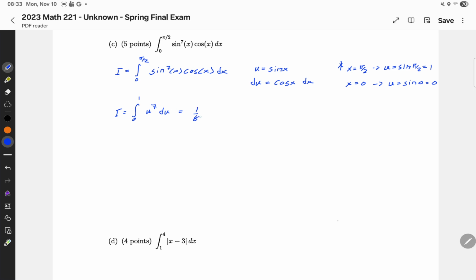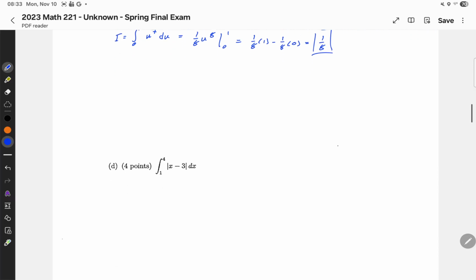The reciprocal of that is 1/8, u to the 8th from 0 to 1, right? And this is going to be pretty easy, right? We just get 1/8 times 1 minus 1/8 times 0, and hopefully you can see this is just 1/8. Awesome. All right, nice and easy.